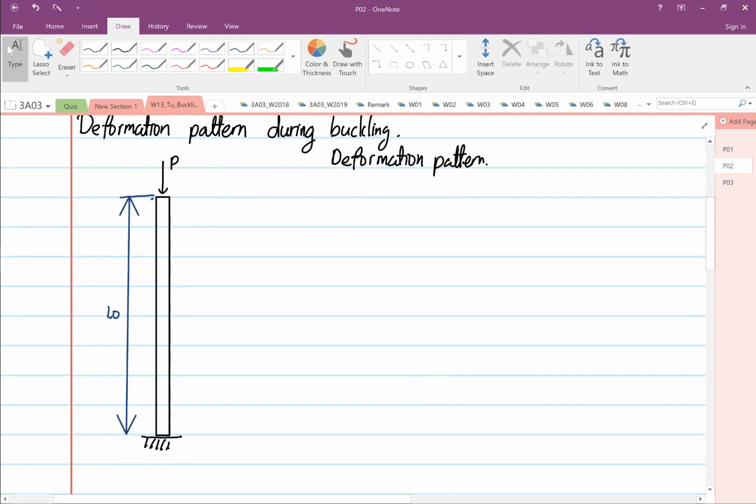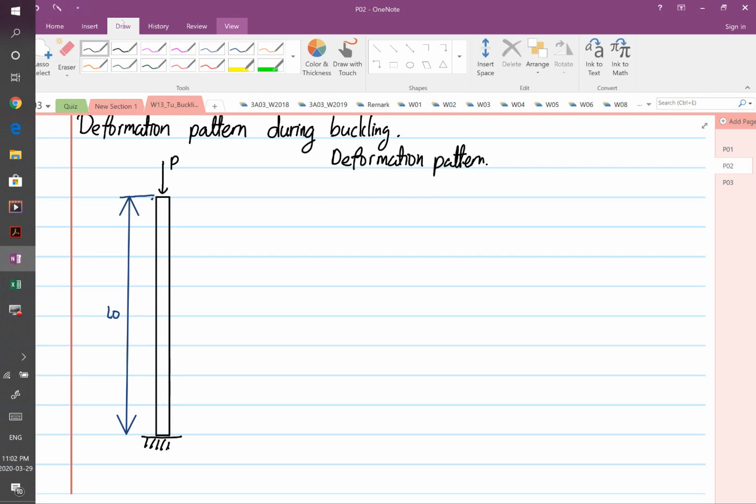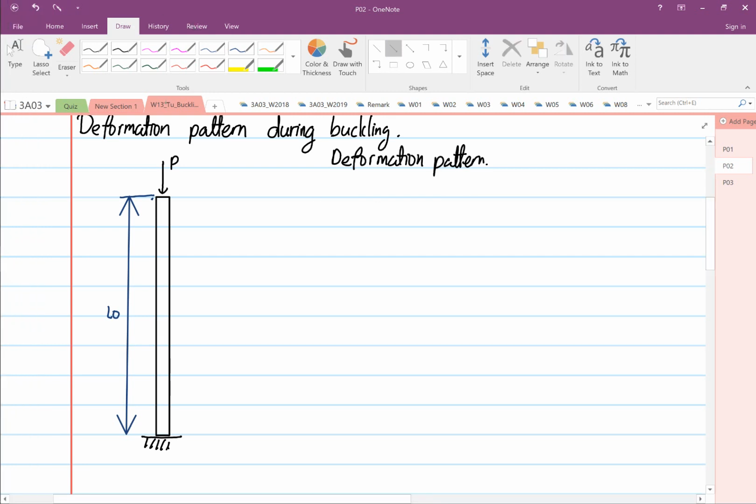I will have my axis over here. I will use a different color. I'll call this y for now, and along this length, this is my x-axis.